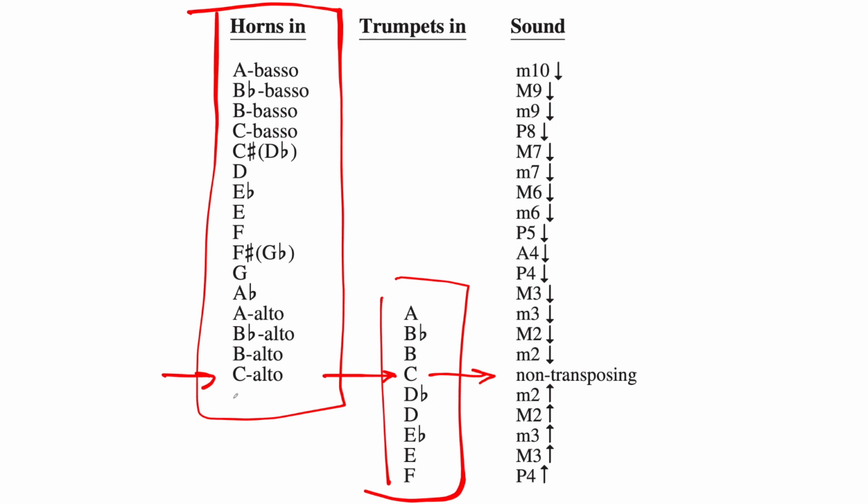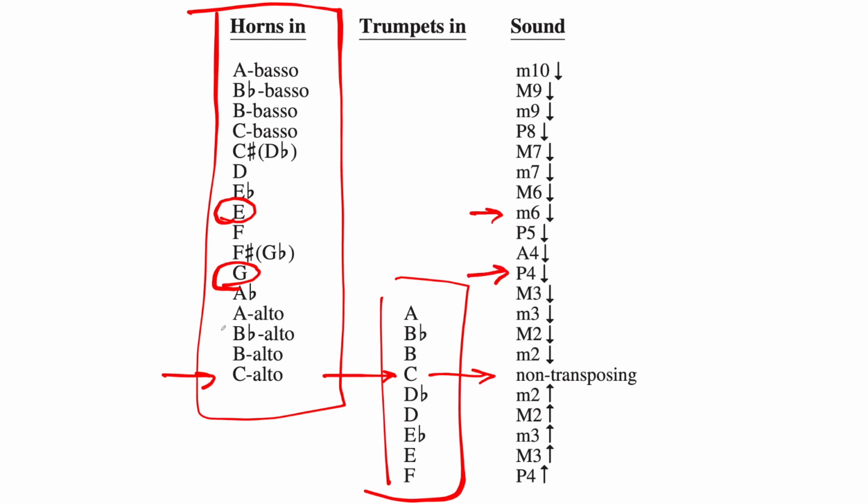And all the other horns are transposed downwards. For example, if we see E horn, the sound is a minor sixth lower. If we see G horn, the sound is a perfect fourth lower, etc.